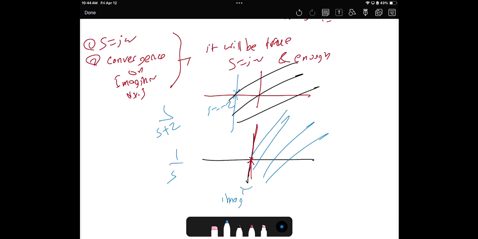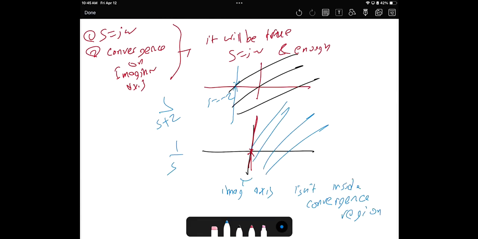The imaginary axis is not inside the convergence region. That's why saying s equal to j omega alone is not enough. If the imaginary axis is inside the convergence region, then this is true. So again, s equal to j omega can be correct if and only if the imaginary axis is inside the convergence region.